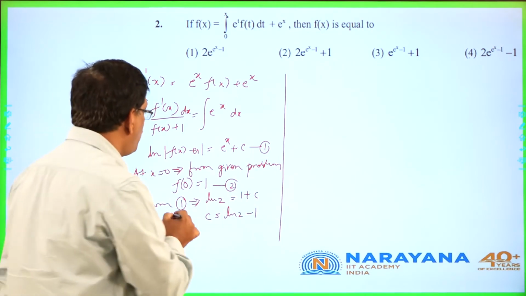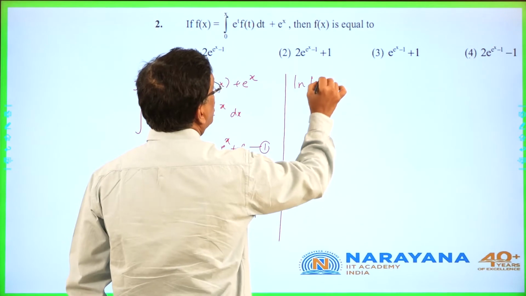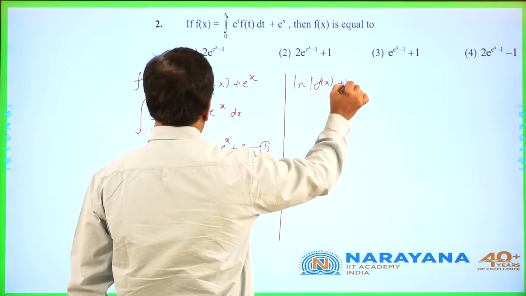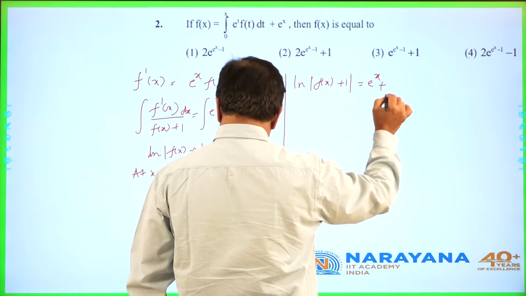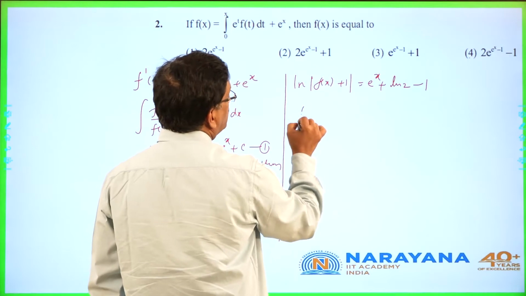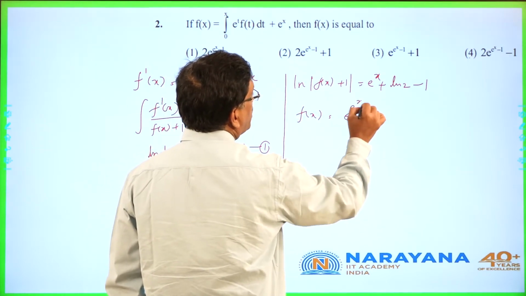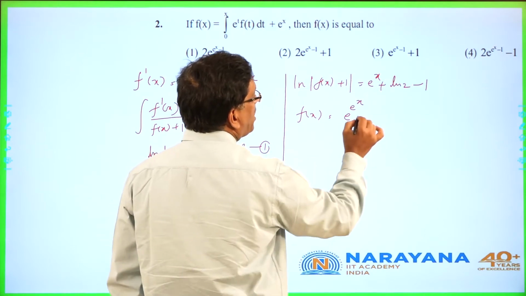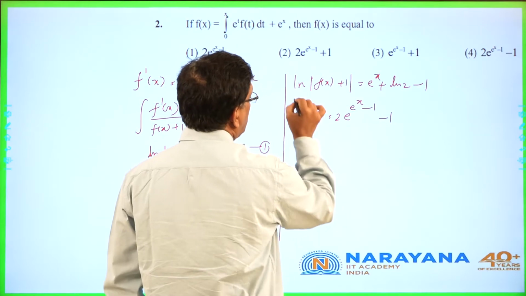So in view of this, the function changes to log(f of x plus 1) is equal to e power x plus log 2 minus 1. Then from this, f of x plus 1 is equal to e power x plus e power log 2, that is 2, e power (minus 1), so it is 2 e power (x minus 1).